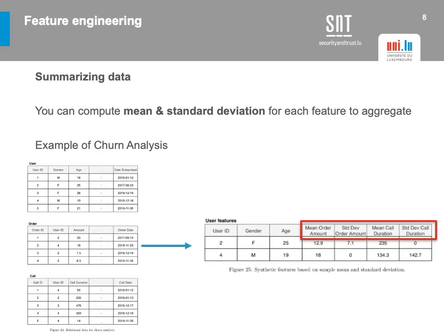You can see that this can be useful. In that case, we have the previous orders that each user did and the previous calls that each user did. And as we said, each user can do one or several orders, and can do between 0 and more calls.